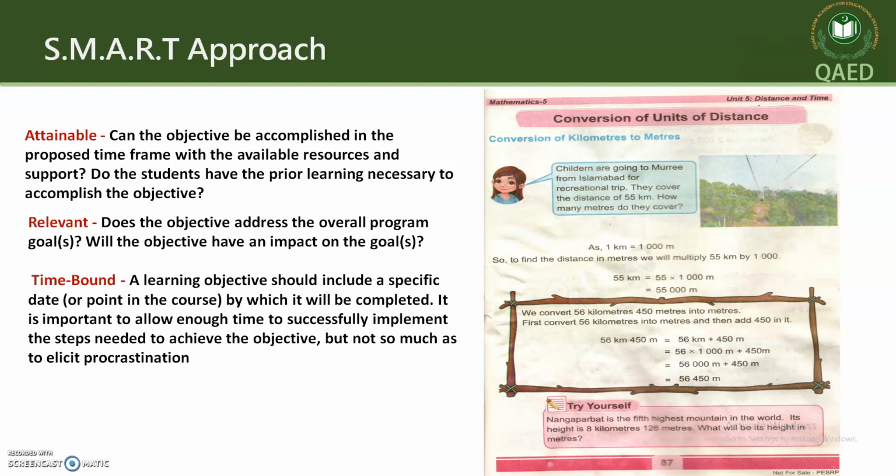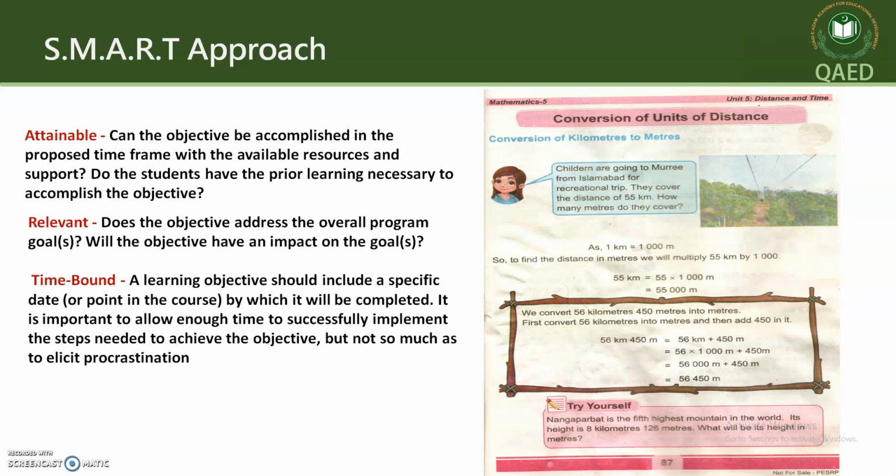Now, if I say convert 56 kilometers 450 meters into meters, first convert 56 kilometers into meters and then add 450 to it. This is what we want to attain. Is it attainable or not?